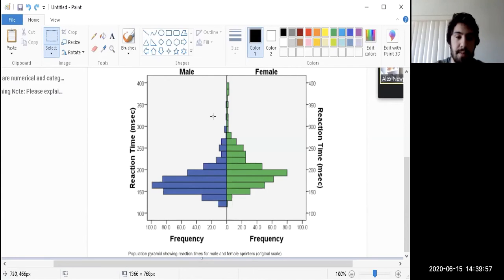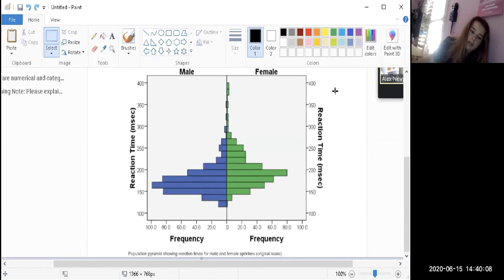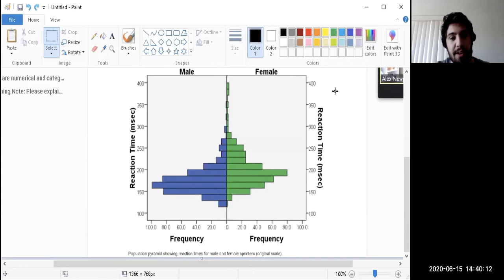Okay, so what were the variables in this one again? Reaction time in milliseconds. Okay, so is the reaction time numerical or categorical? Numerical. And discrete or continuous? Continuous. Yes. Cool.